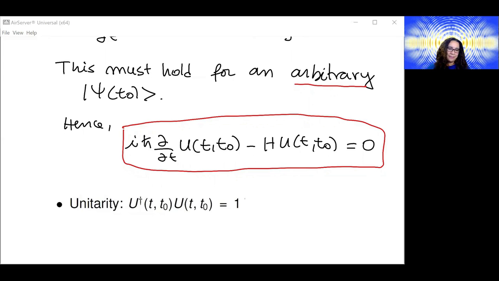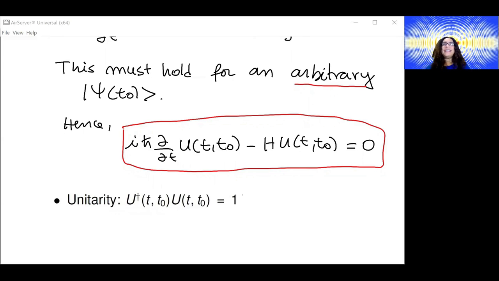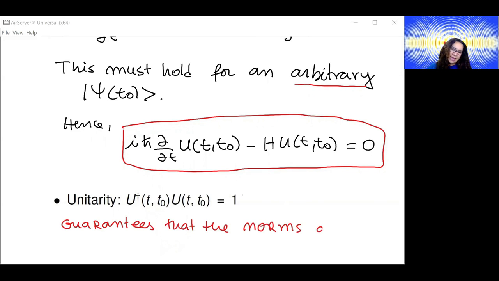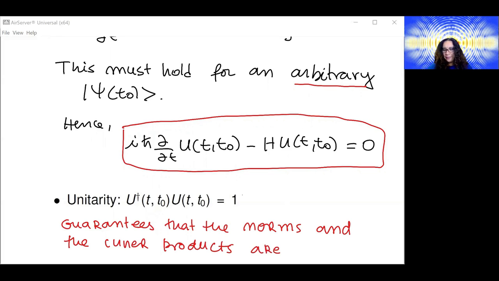Why do we care? Because unitarity is going to guarantee that the norms and the inner products are preserved.